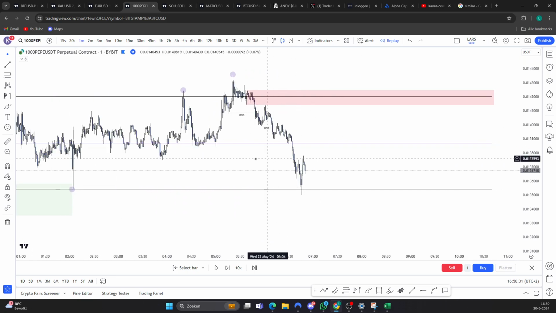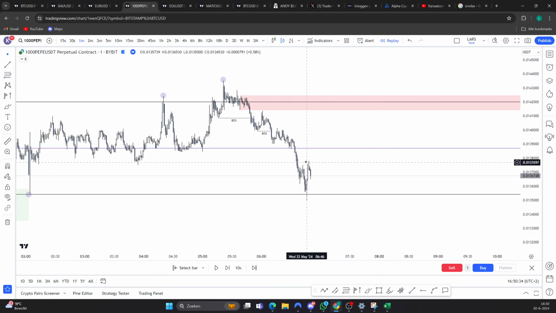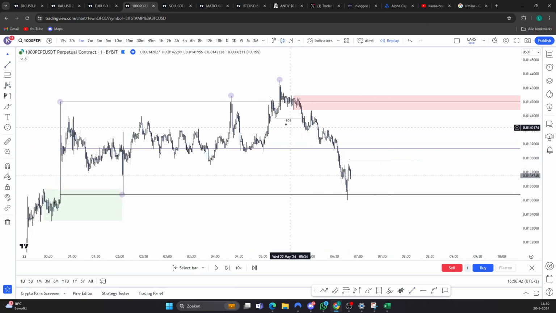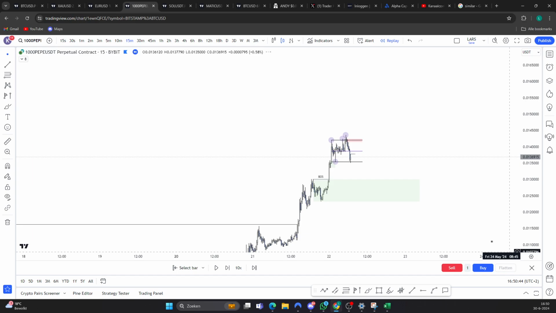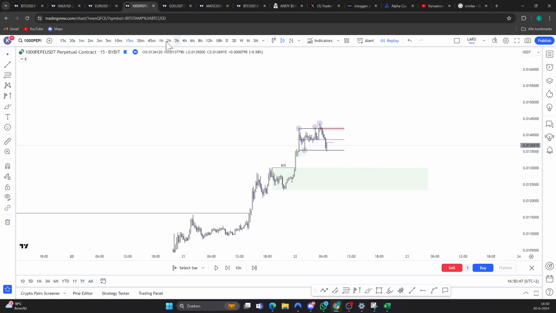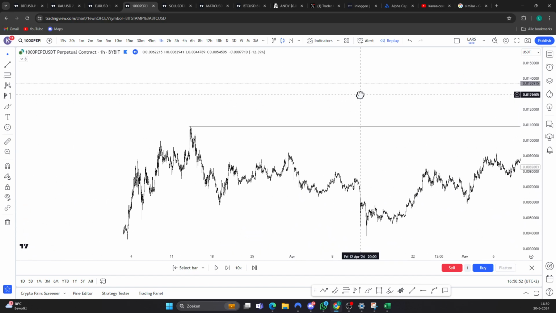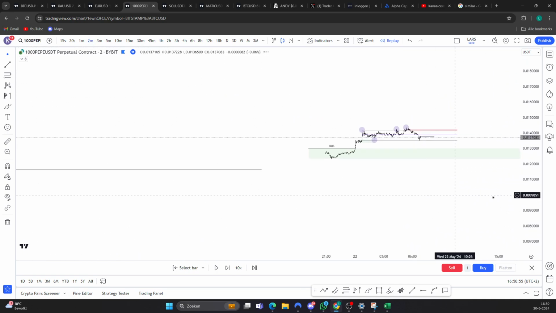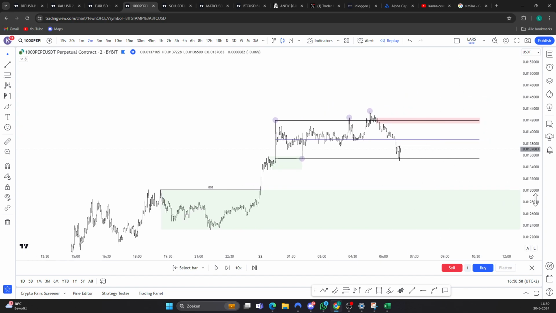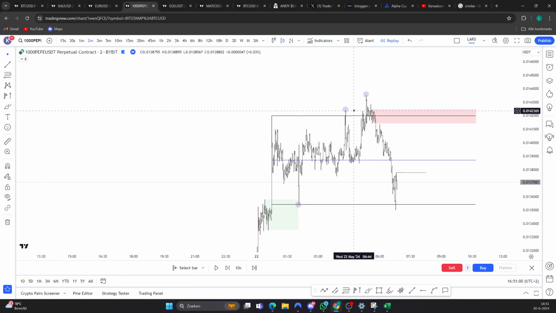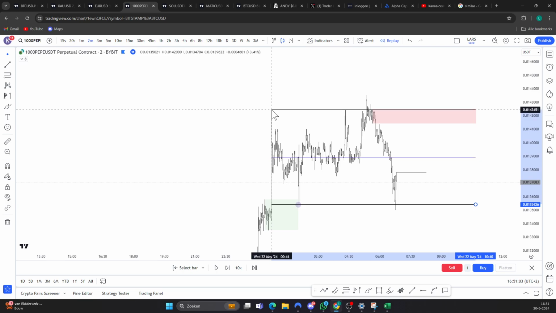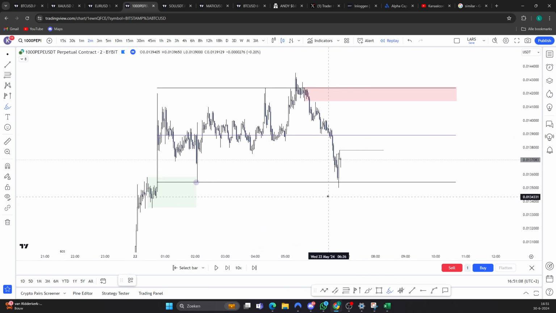From here, this can turn into an accumulation, of course. First job being breaking this structure high, which we're currently failing to do. Otherwise, we're far in all-time high territory. Let me get rid of this distribution. Potentially a one tap.